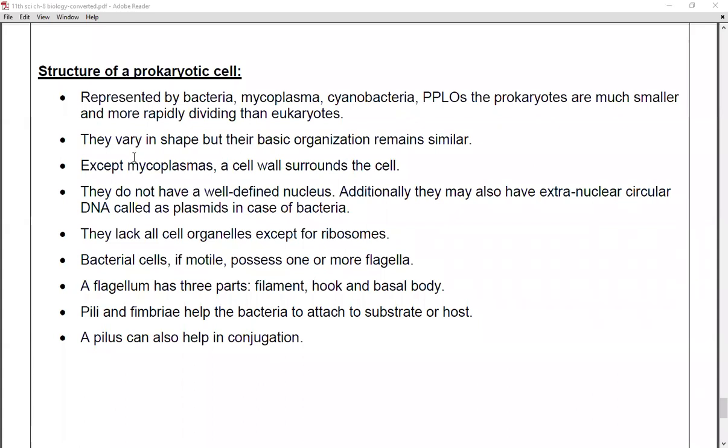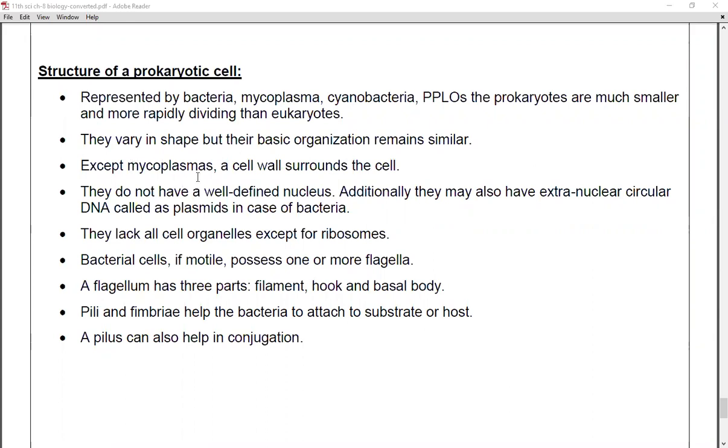Now they have many different types of shapes, but their basic organization remains the same. That means the shape of the cell as well as the size of the cell change according to the species, but the basic organization of that particular cell remains the same.